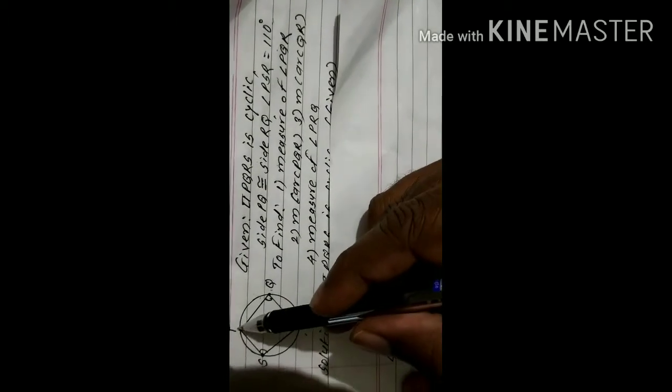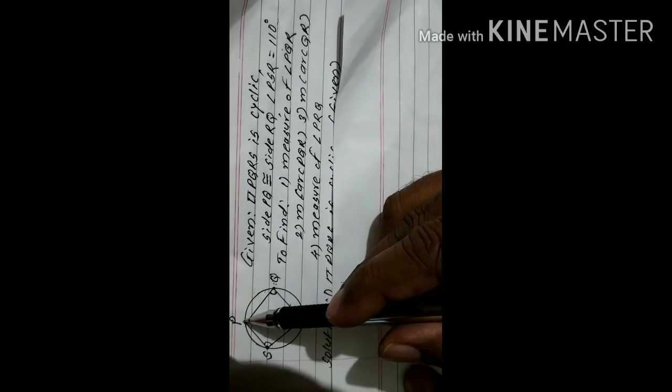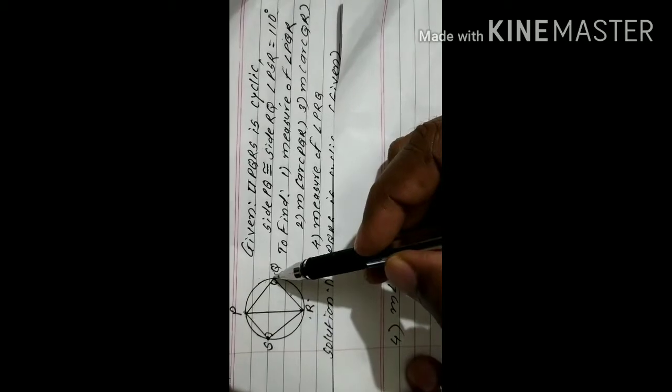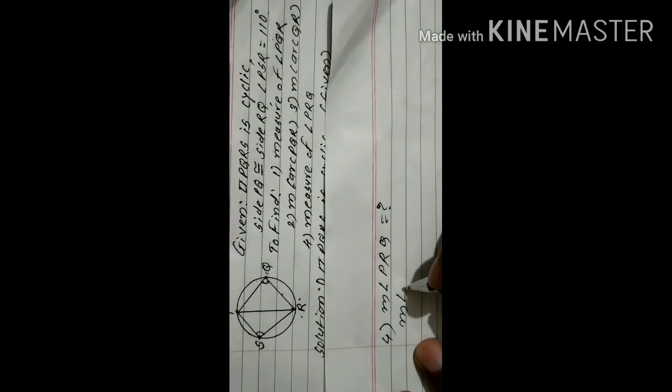Fourth, measure of angle PRQ. Angle PRQ is an inscribed angle. PQ is its intercepted arc. Therefore, by inscribed angle theorem, measure of angle PRQ is equal to 1/2 times measure of arc PQ.